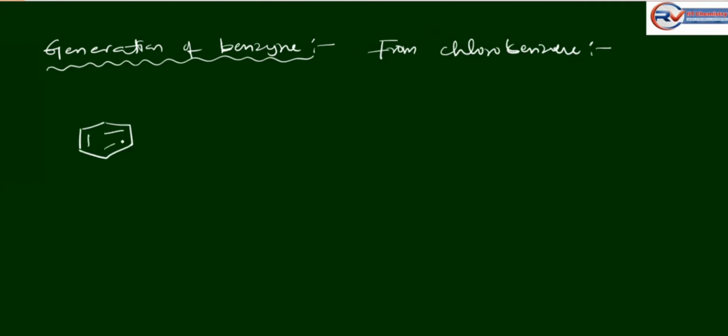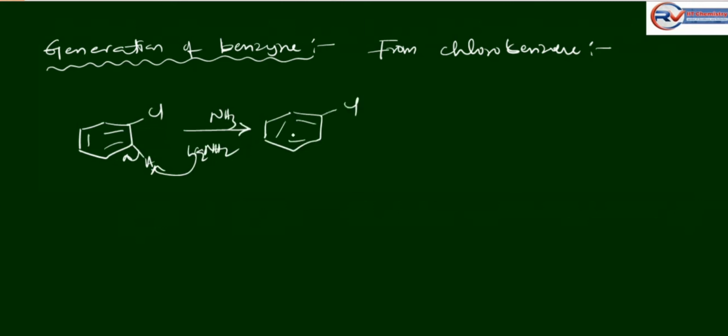Chlorobenzene with liquid ammonia: in the presence of liquid ammonia, NH2 negative abstracts a proton, the bond moves to this side, and the carbon has a negative charge, so the chlorine is eliminated to form benzyne.